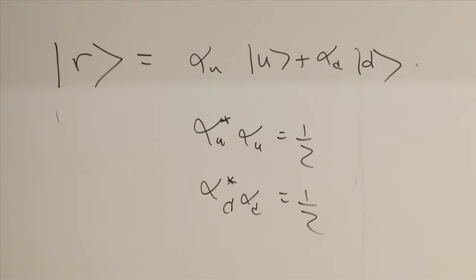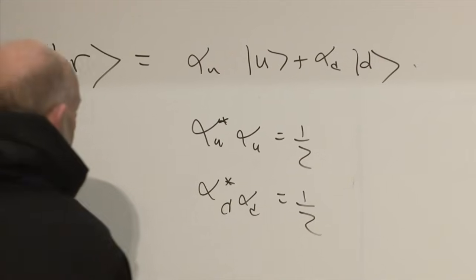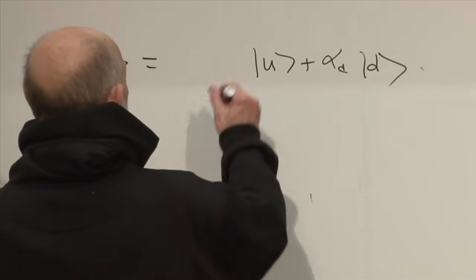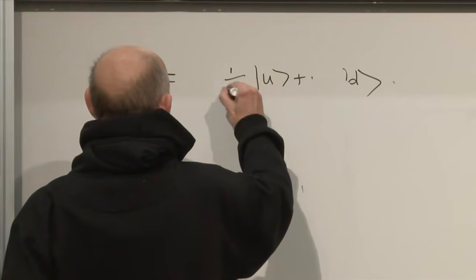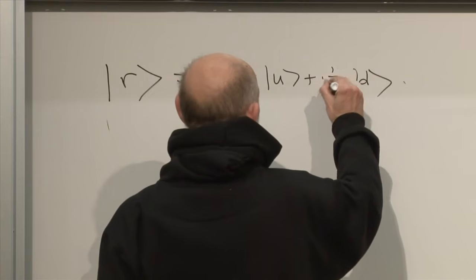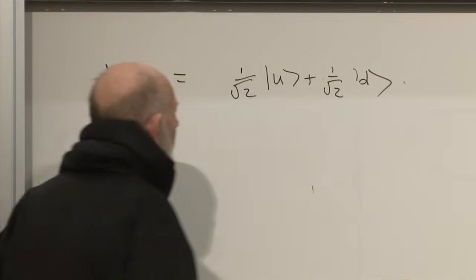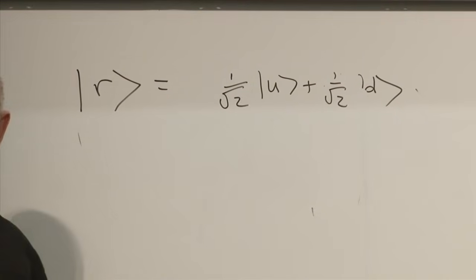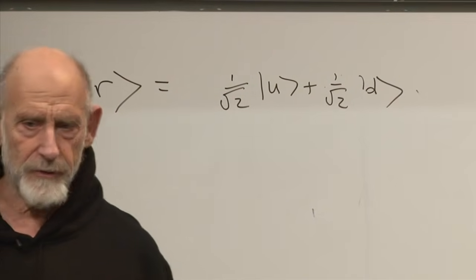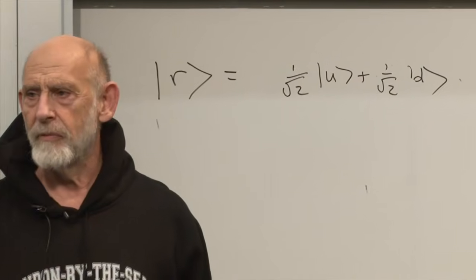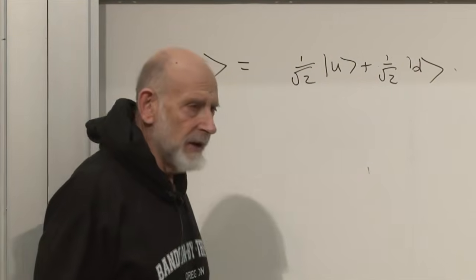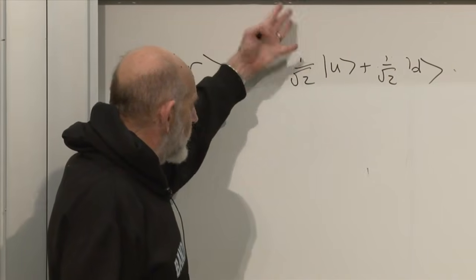Okay. Let's make a guess. The simplest guess would be to put 1 over square root of 2 and 1 over square root of 2 here. Alpha up is 1 over square root of 2. If alpha up is 1 over square root of 2, what's alpha star alpha? 1/2. Okay? This one's also 1/2. Now we could put some other things.